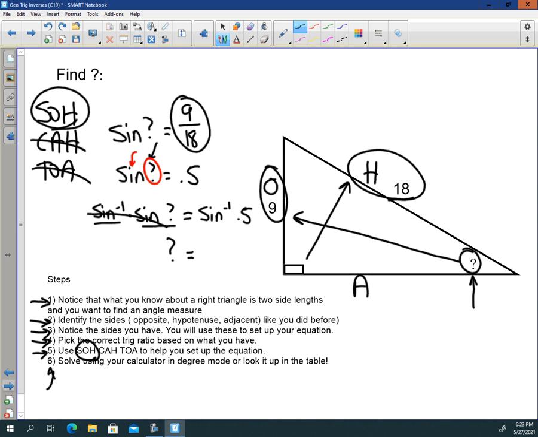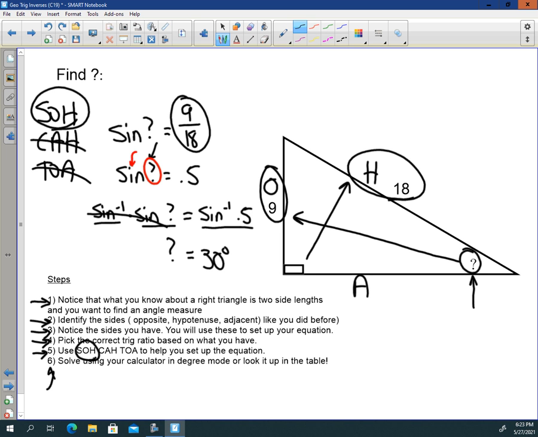And then what you have to plug into your calculator is this. In my calculator, I'd have to put in 0.5 and then second sine, and it gives me 30. On your calculator, you might have to do second sine and then 0.5.